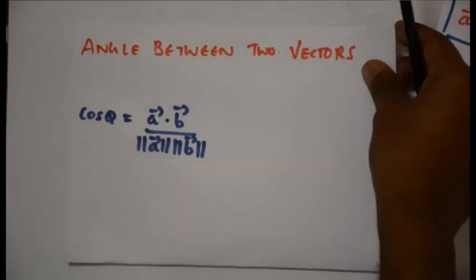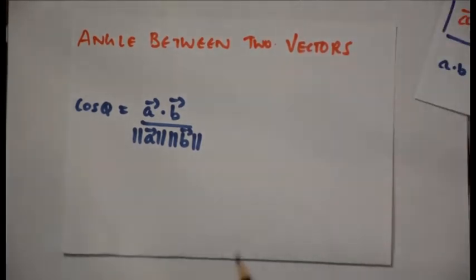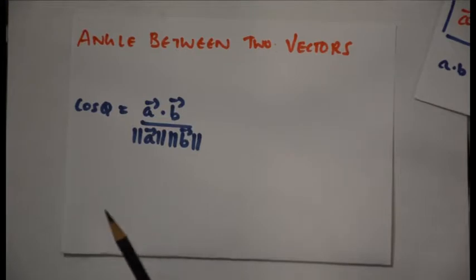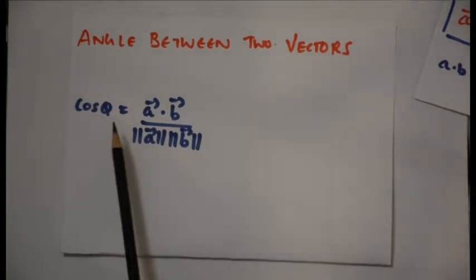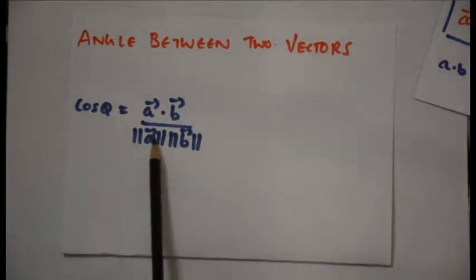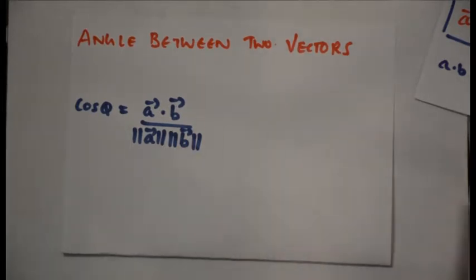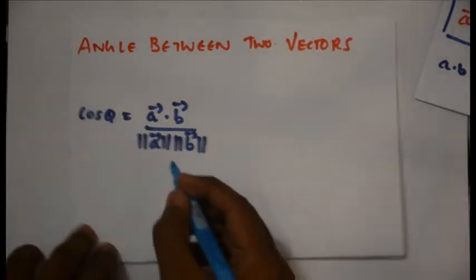Next, we determine the angle between two vectors. If you watched the previous video, you'd recognize this formula: cos theta equals a dot b divided by the magnitude of a times the magnitude of b. Now this formula can be written in the algebraic way.